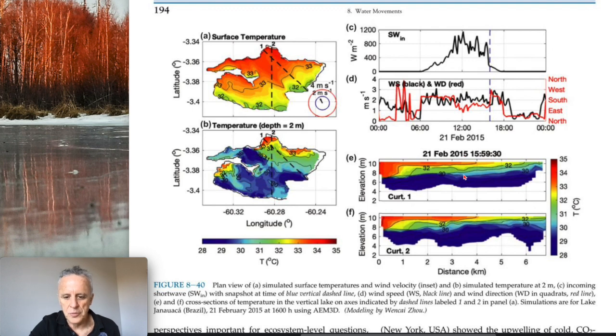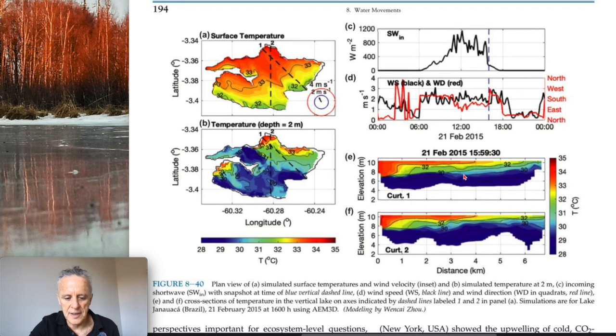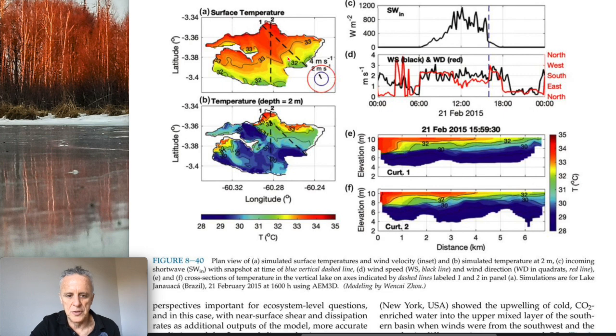And then the last one is E and F, cross section of temperature. These are the cross sections of the temperature in the vertical of the lake on axes indicated by dashed lines, labeled 1 and 2, simulation R4.